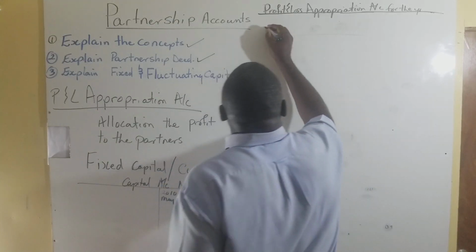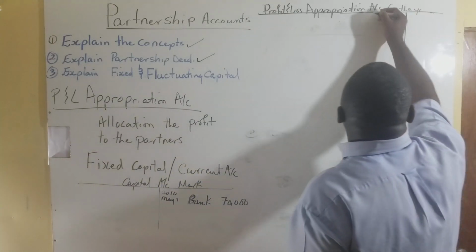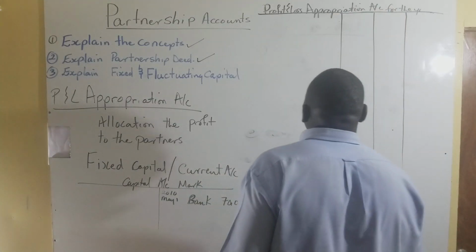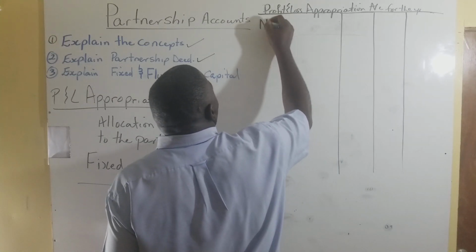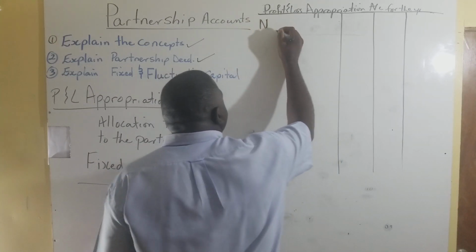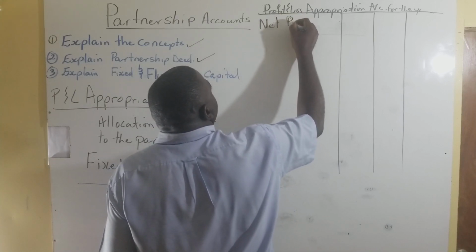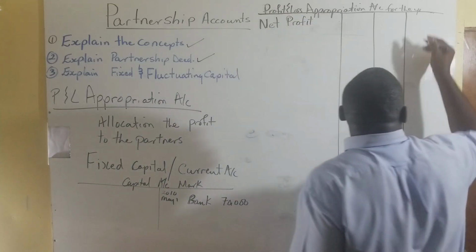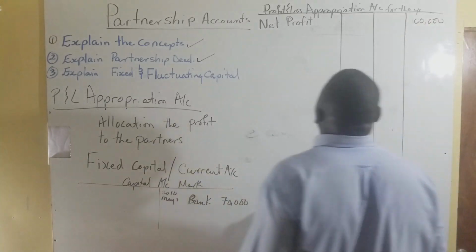Now, let me illustrate quickly. So your net profit coming from your income statement, you would use the net profit, and say the net profit is $100,000. Let's use a better figure.